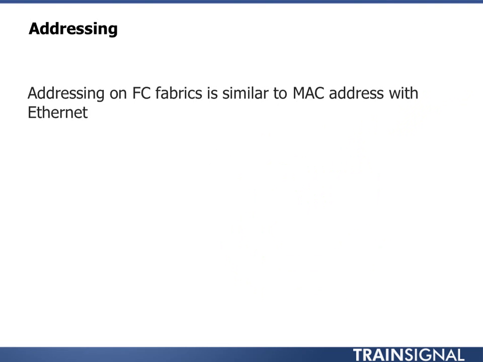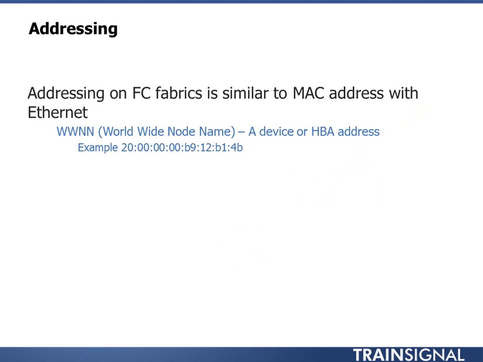Addressing on a Fibre Channel fabric is similar to MAC addresses with Ethernet. A device or an HBA, host bus adapter, which is what you use to connect into a Fibre Channel environment, has a couple of address types. One is called the WWNN, Worldwide Node Name. So if you had a dual port HBA, it would have a single WWNN.